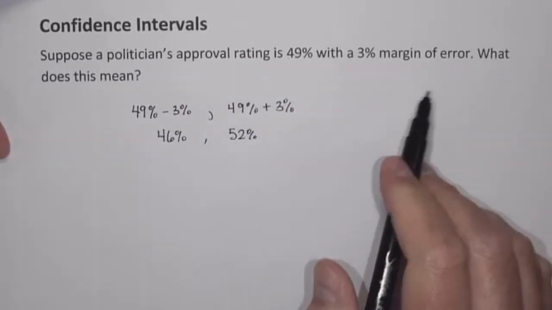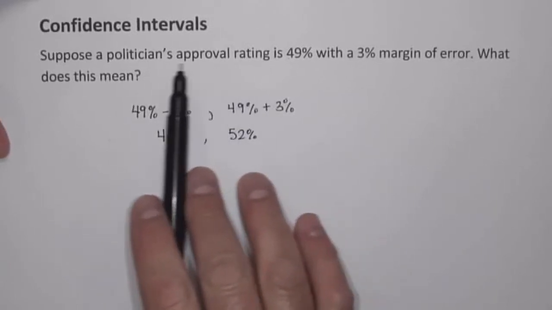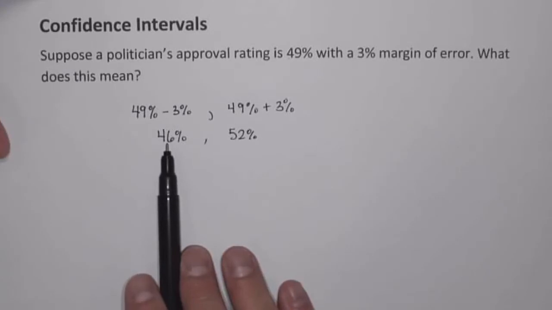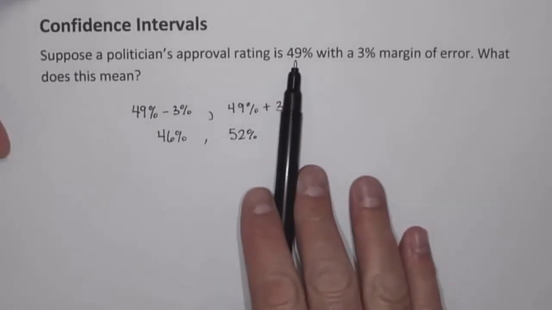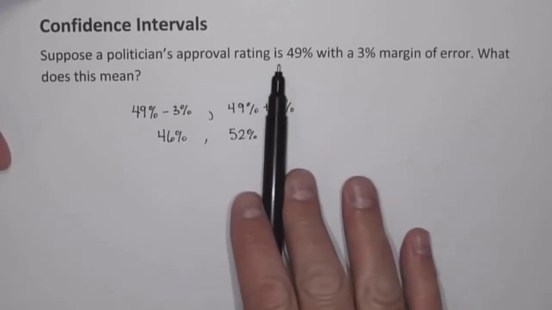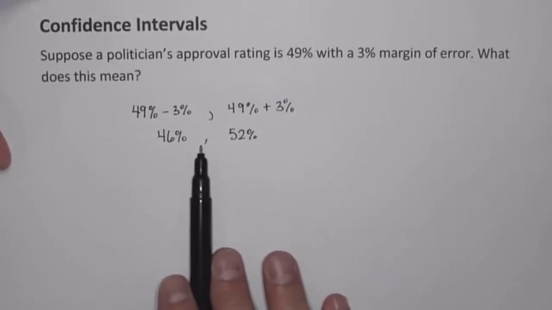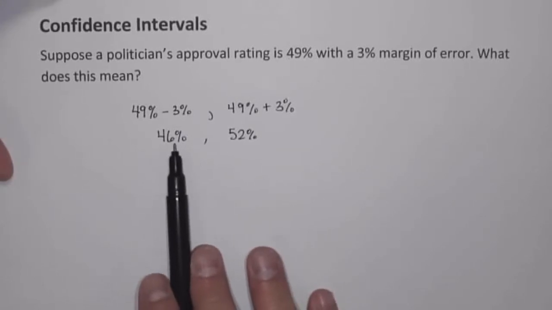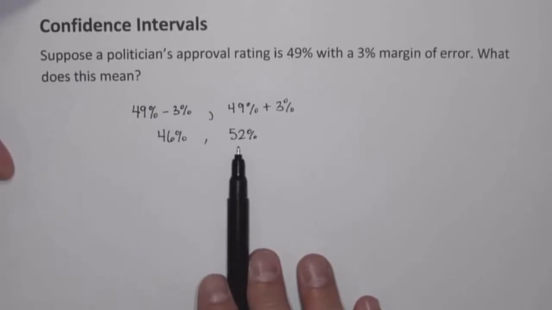What this would be saying is that the true approval rating for this politician is probably something between 46% and 52%. Again, we had a specific sample that said it was 49%, but because samples could vary, most likely the true proportion that approve of the politician's performance is probably somewhere between 46% and 52%.